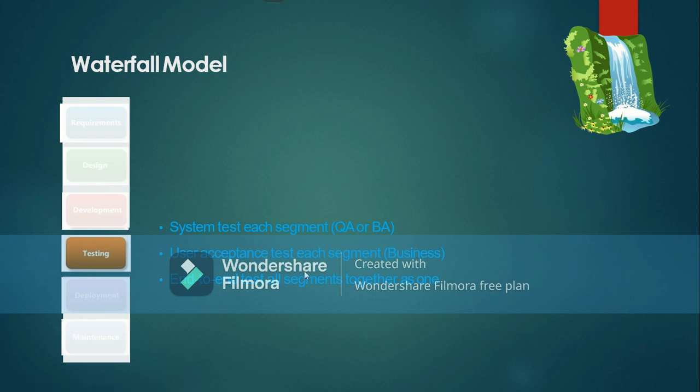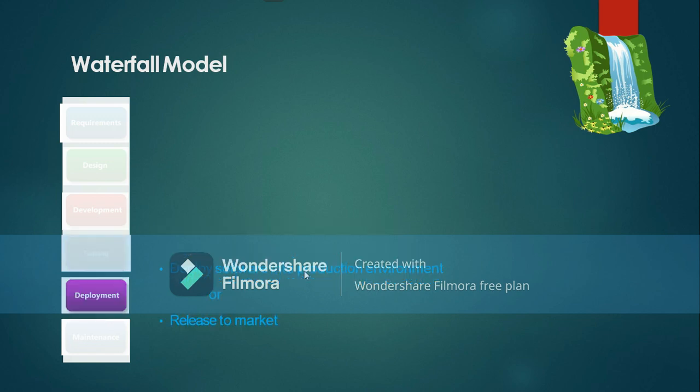After that is done, in the testing phase only, we have UAT, which is done by business. Once that is done, all the segments are put together and tested together by business. Once everything is signed off, we move on to the deployment phase. Deployment for a software means moving into the production environment.